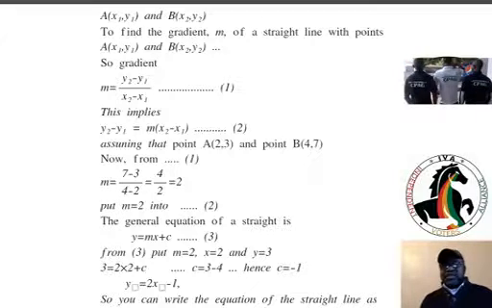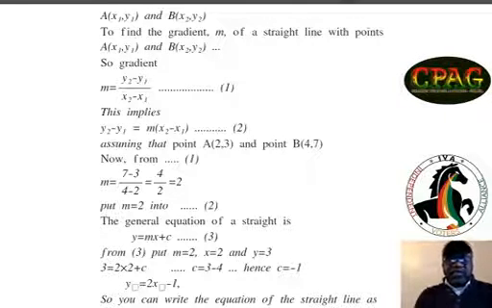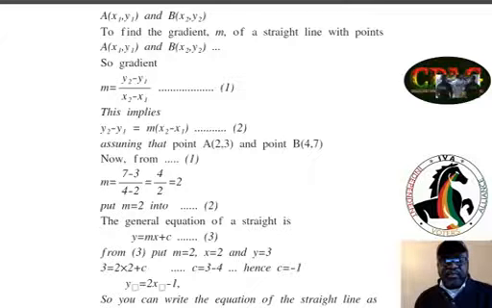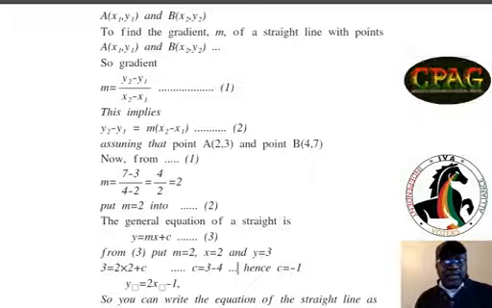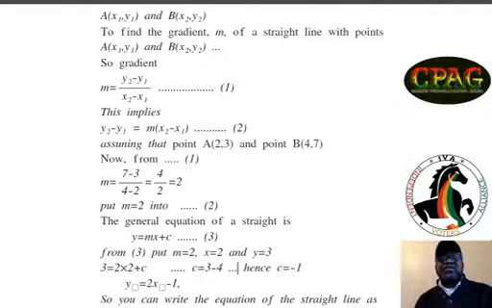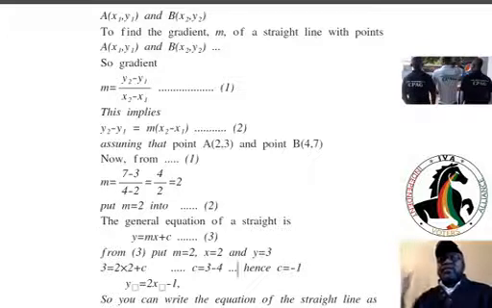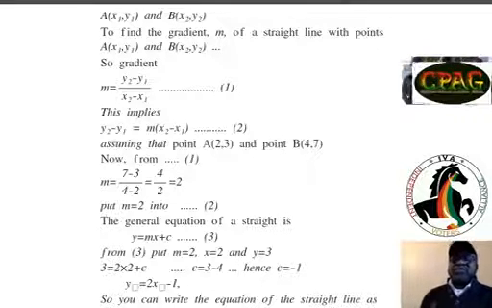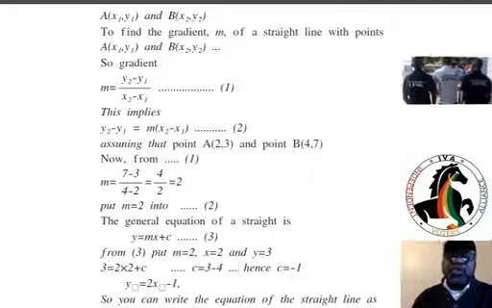But some questions make it very easy for you, right? Where the value of x is 0, then y is equal to c. If you put x is equal to 0 into this equation number 3, you straight away find the value of c is equal to the value of y. That is what I said when the straight line cuts the y-axis where x is equal to 0, y is always equal to c.